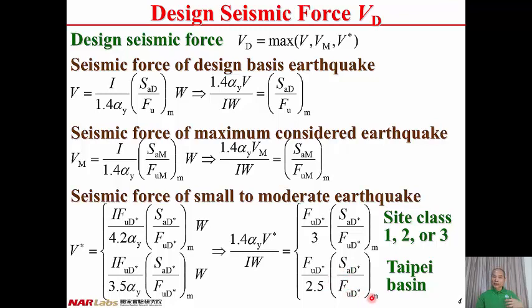And after normalization, we can compare these values, this value, and these values, and find out the maximum, and this will be the design seismic force. The maximum will govern the design seismic force, which is used for the design of the structures.